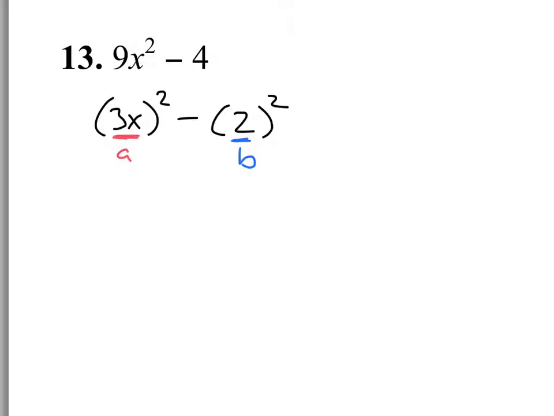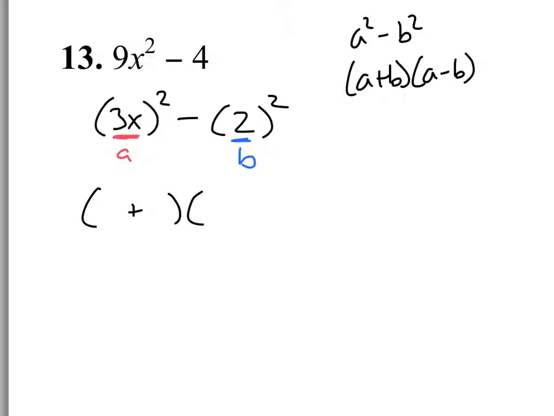Remember, it goes into the pattern. If I have a squared minus b squared, I get a plus b times a minus b. So I set up my binomials: 3x plus 2 times 3x minus 2.